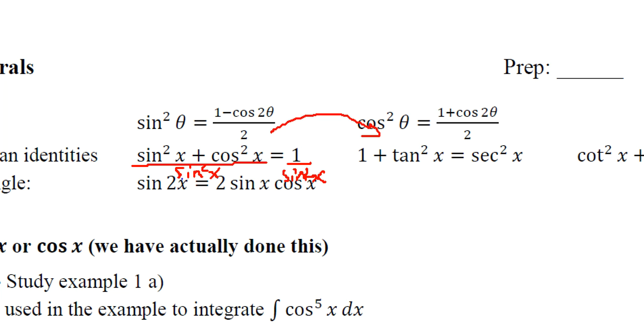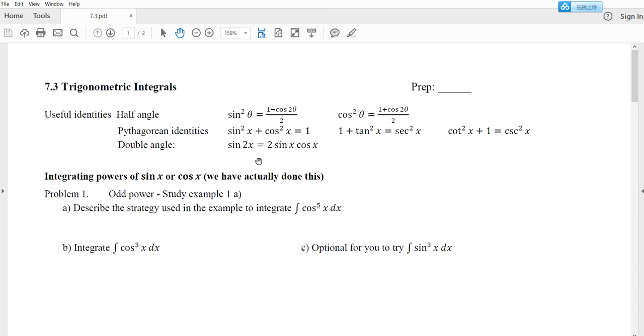If you divide both sides by cosine x squared, then you get to the next version. So they're very much equivalent. The very last one is the double angle for sine 2x, which is 2 sine x cosine x.